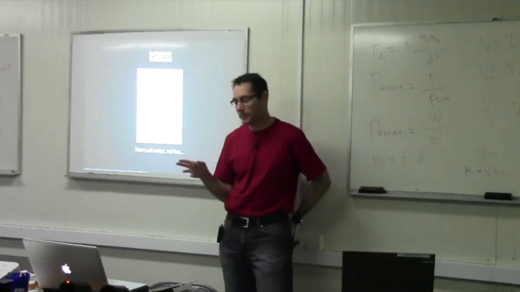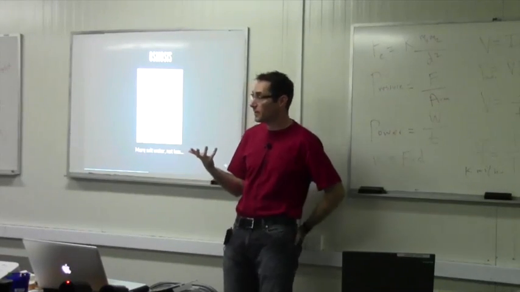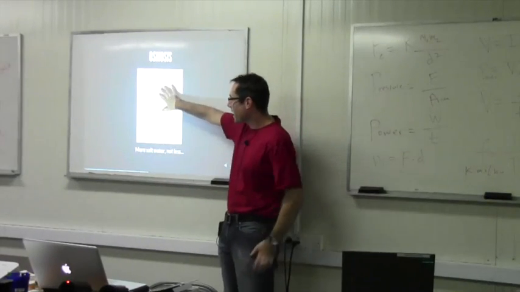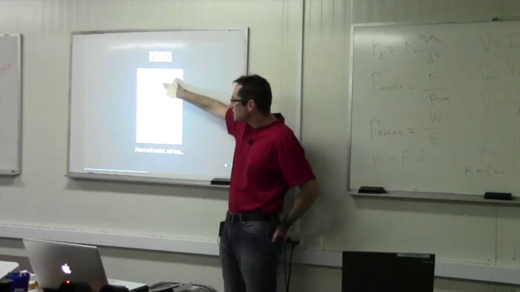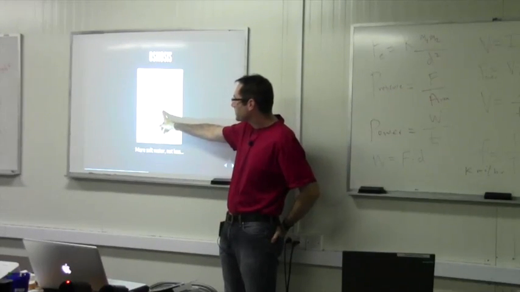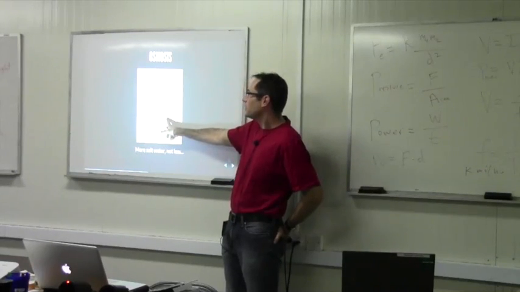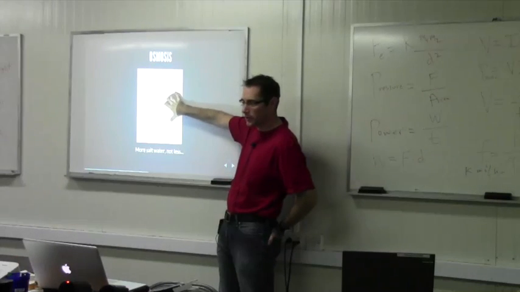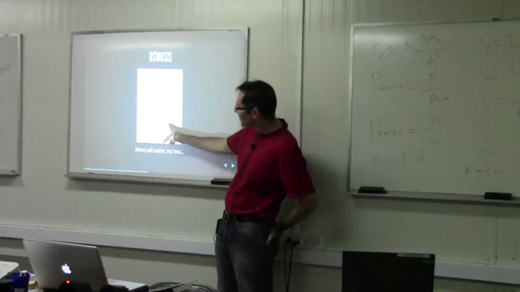I don't know exactly how they make it, but if you ever took biology, you might have heard of osmosis, which happens in cells, right? And what's going on is you've got this membrane here that allows water to flow from one side into the other, right? If on one side you have fresh water and the other side you have salt water, you can think of it this way.